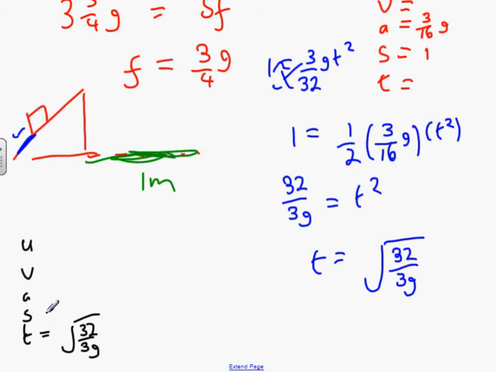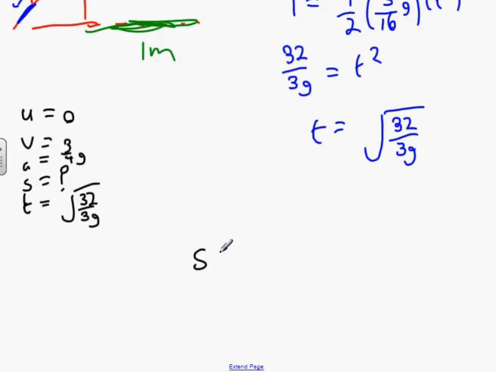s is what we're trying to find. Acceleration is 3 over 4g. u is 0. So let's do, once again, s equals ut plus a half at squared. s is equal to 0 plus a half. Now we already know what t squared is, don't we? Up here.